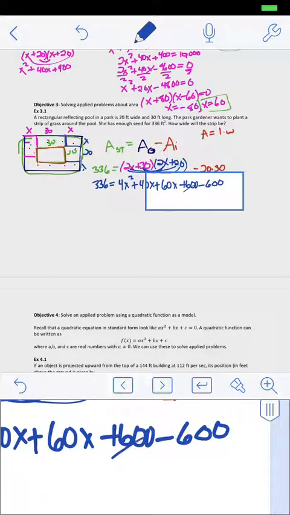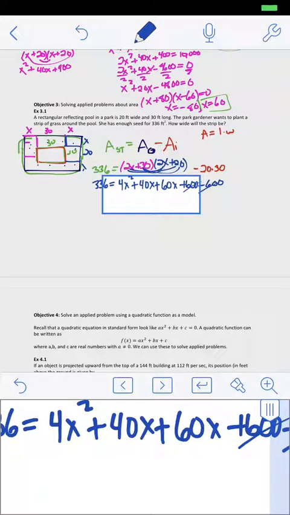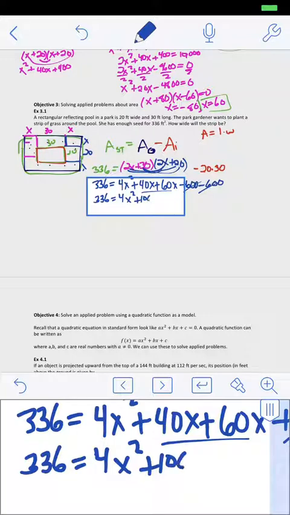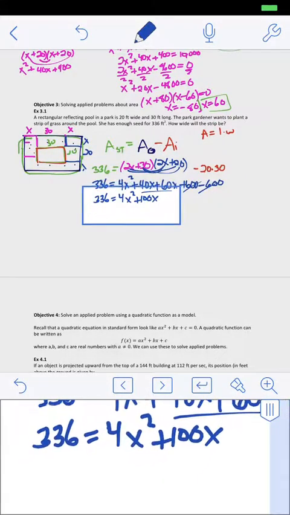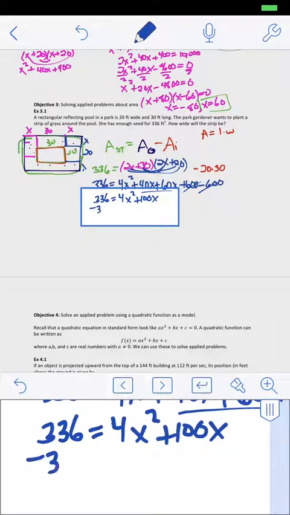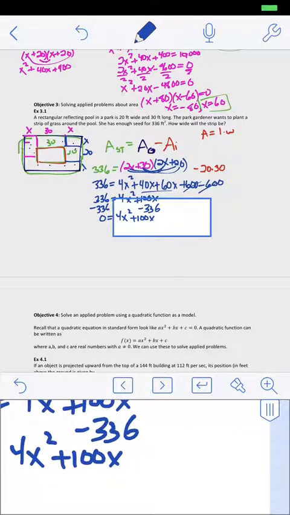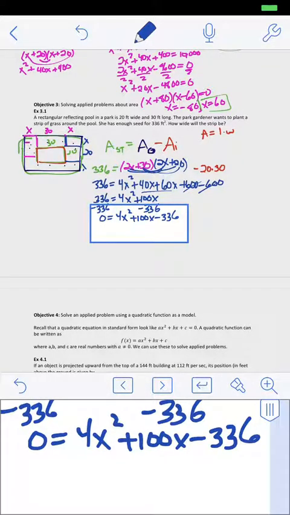These two go away. I can combine those two to 100x. So I have 336 is equal to 4x squared plus 100x. Almost quadratic. As soon as I move this over, I get 0 is equal to 4x squared plus 100x minus 336, and now it is quadratic.